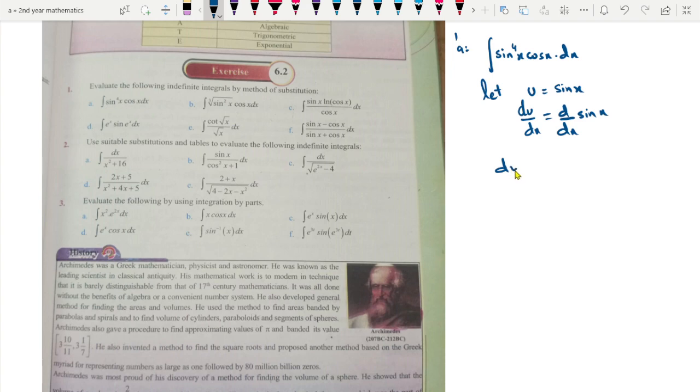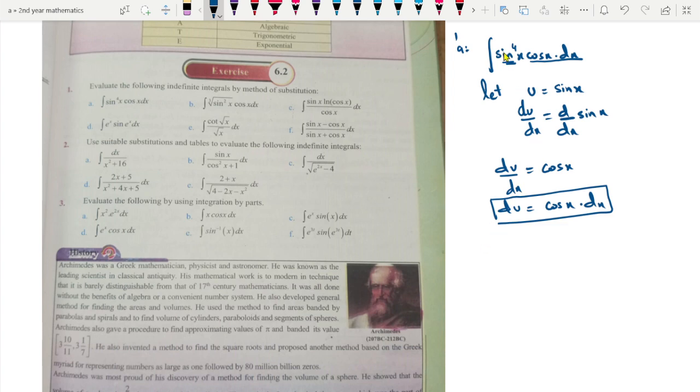The derivative of sine is cos of x, so du is equal to cos of x dx. So cos of x dx is equal to du and sine of x is equal to u. So in place of cos of x dx, I can write du, and in place of sine x, I can write u.